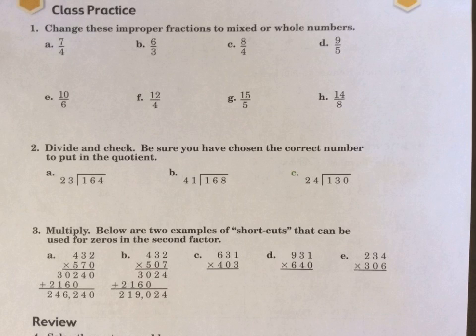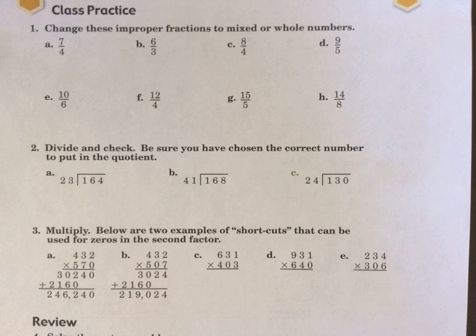Okay, let's move on. You're going to do the rest of 123 and 124 on your own. I'm looking now at 125. And we're doing the same thing, changing these improper fractions to mixed or whole numbers.